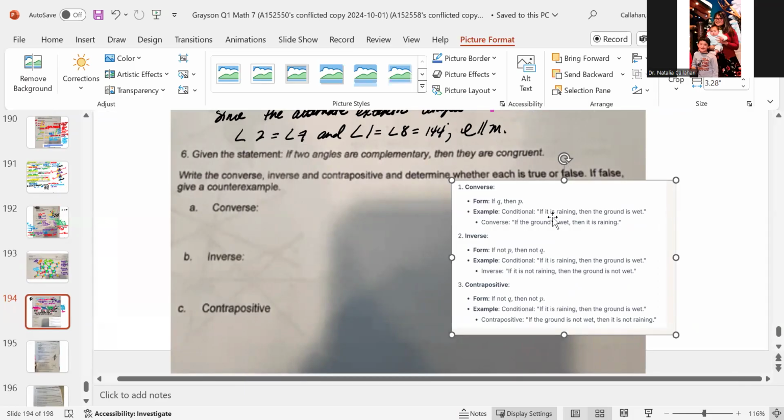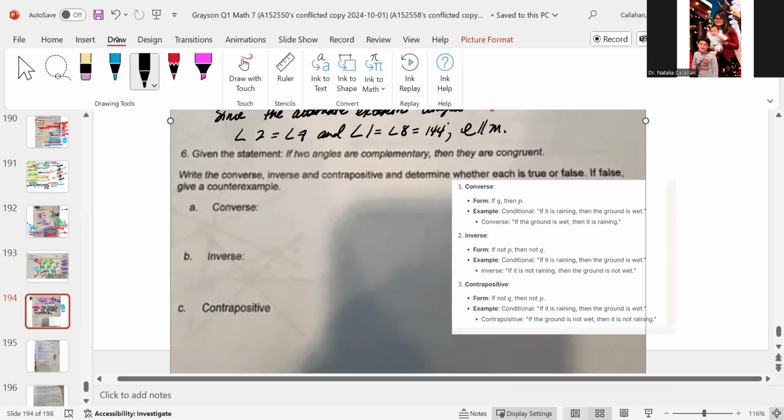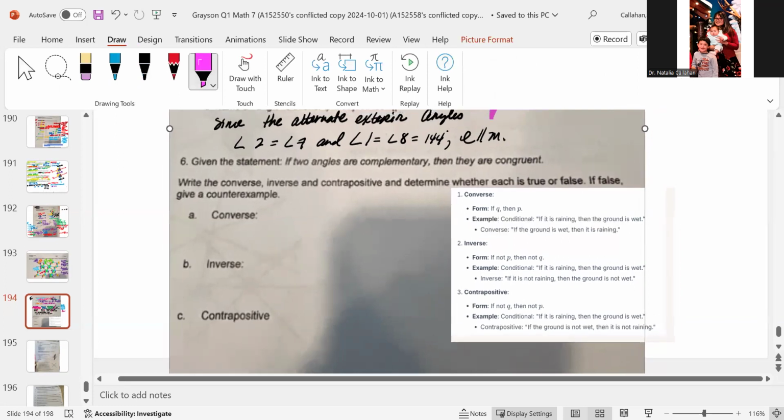I'm gonna pause the video right now. Okay, so if two angles are complementary, then they are congruent. So in geometry, you always have P and Q, okay? So what's the first part of the statement? In the statement, if two angles are complementary, you can stop right now.